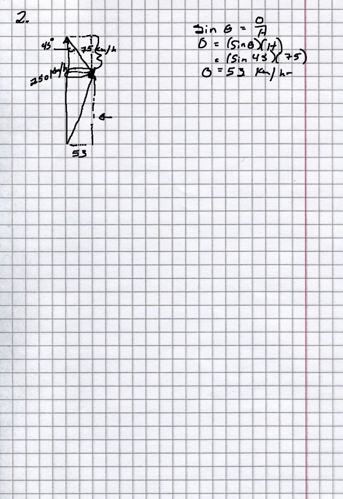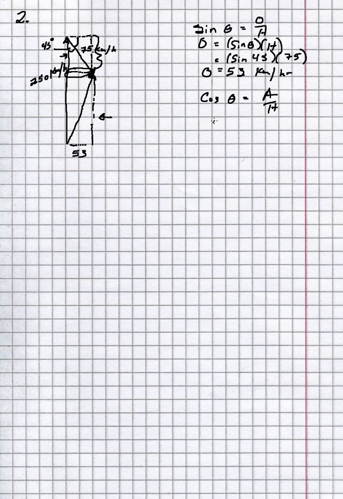Now we're going to use the same idea, but with this 45-degree angle here. We can use the cosine and find this side, or we can use sine on this side. It doesn't matter. Let's do cosine. Cosine theta is equal to the adjacent over the hypotenuse.